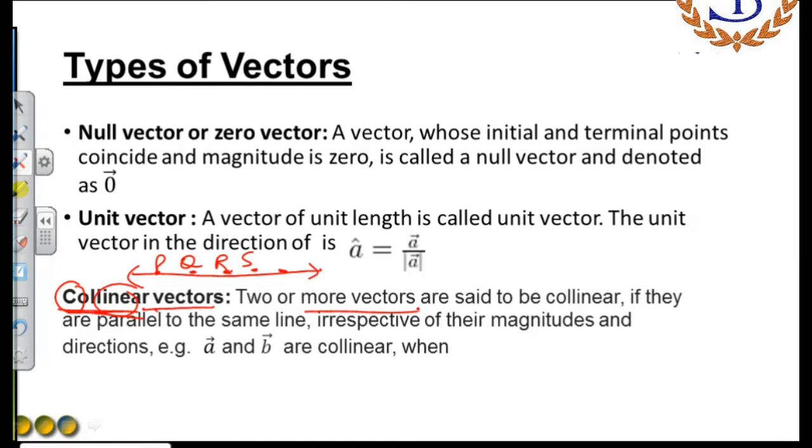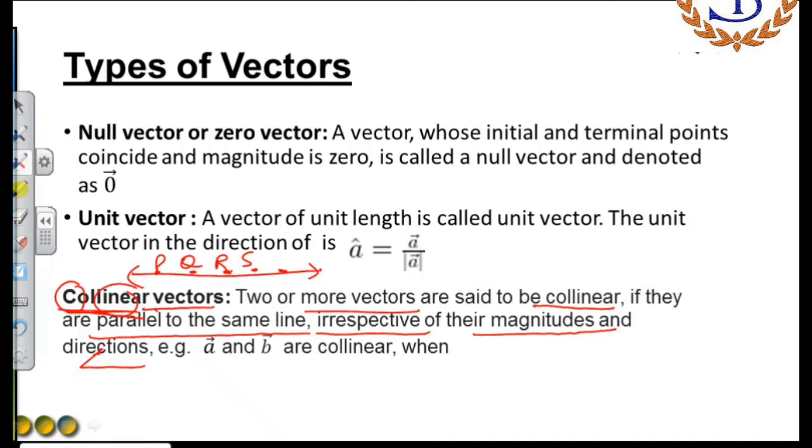Two or more vectors are said to be collinear if they are parallel to the same line, irrespective of their magnitude and direction. Whatever will be the direction of two vectors, whatever will be the magnitude of two vectors, but if the given vectors are parallel to a given line, then those two or three vectors are known as collinear.